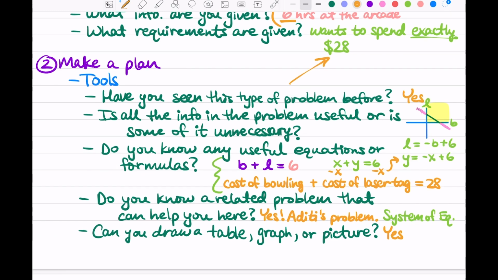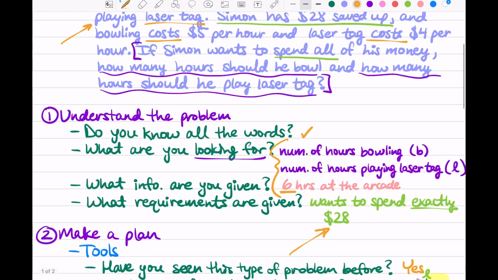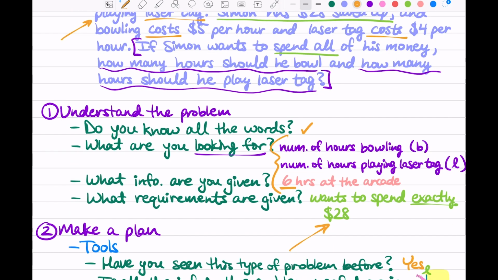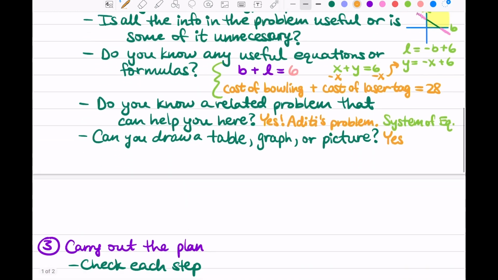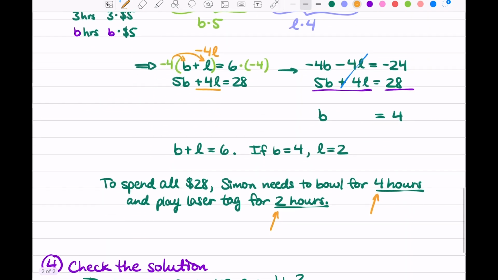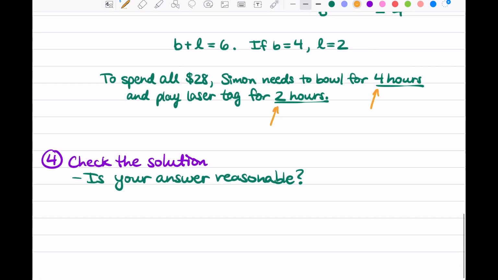If we can't find anything to fix here, maybe we didn't understand the problem. So, breaking down our problem into these 4 steps in our method, it helps to stay organized and figure out where you went wrong. However, in this case, it looks like our answers are reasonable, so we can check that off and we can be confident in our answer.